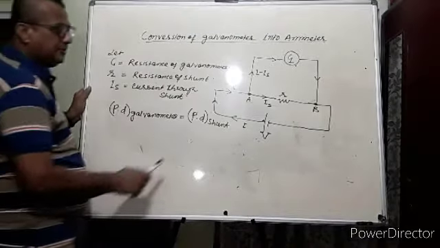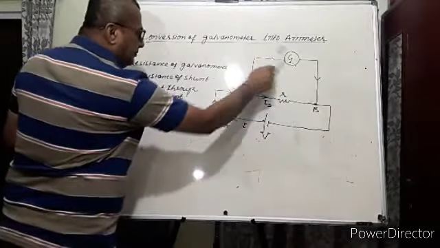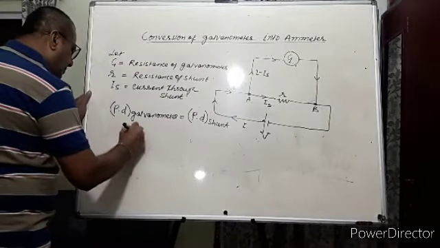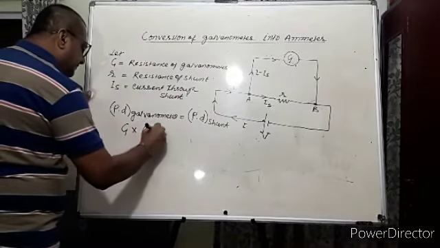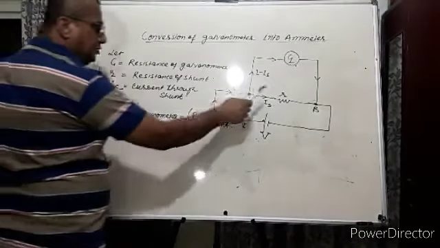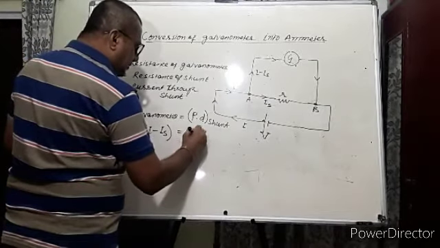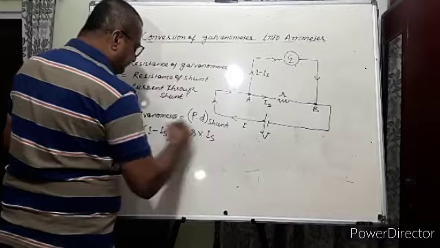PD of galvanometer, V equal to RI, that is G into I minus IS, is equal to PD of shunt, which is resistance R into current IS.